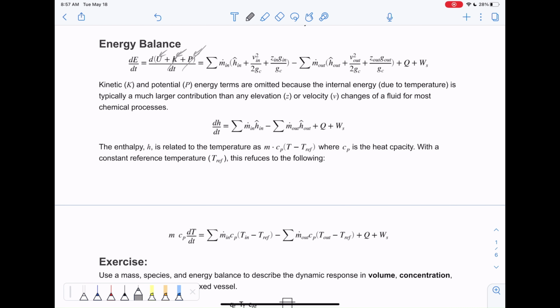If we factor out mass, here we still have the kinetic and the potential terms. And we can look at a little bit more why those two don't change all that much. Well, obviously this is the delta, so right here is the corresponding kinetic and potential terms. You'll notice that we have the velocity is the main term here, and we also have the height, z, and then gravity as well.